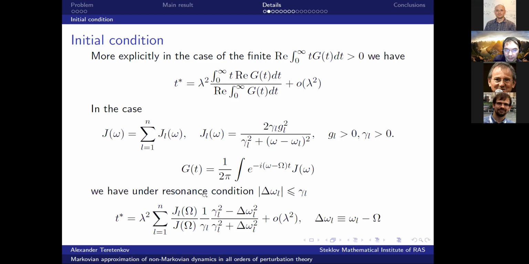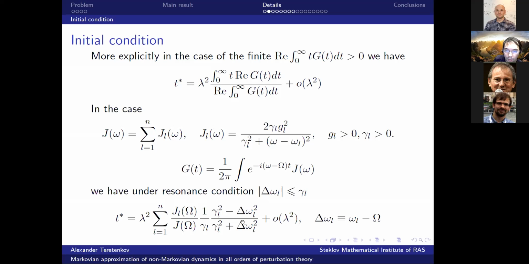Namely, we have 1 over gamma L, which is the reservoir correlation time if we have only one Lorentz peak. So it is possible to interpret this combination without the last term as the reservoir correlation time, because we have just weighted combinations of the correlation times for the separate peaks.